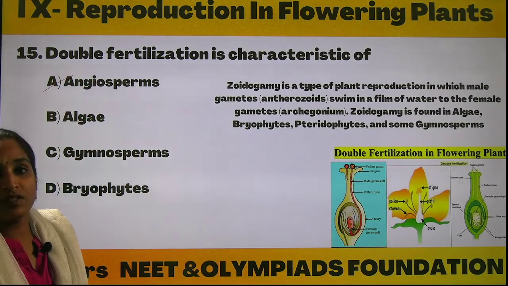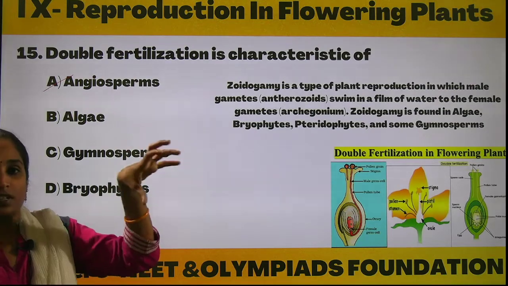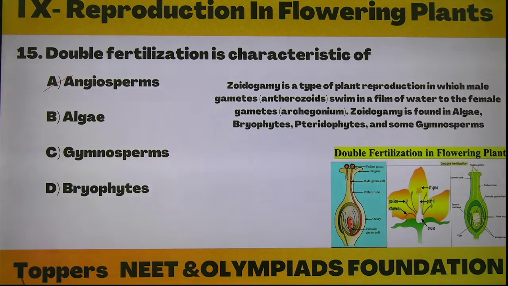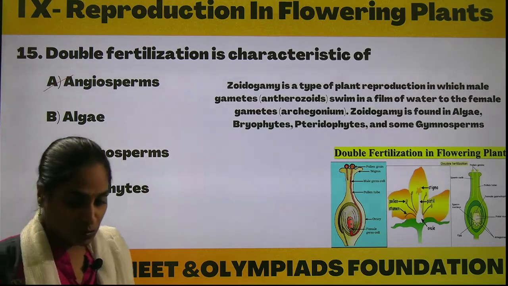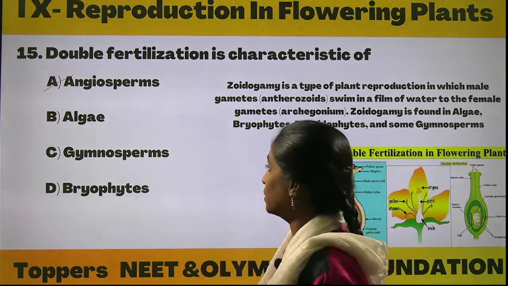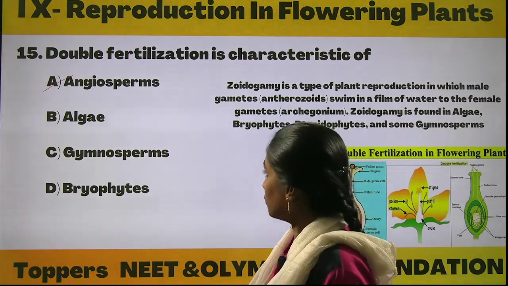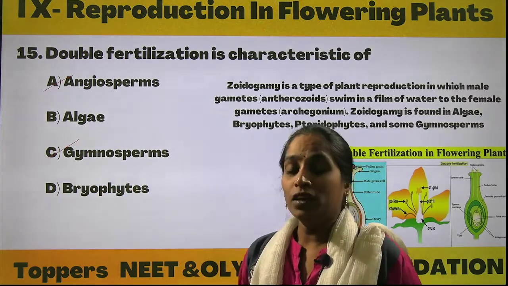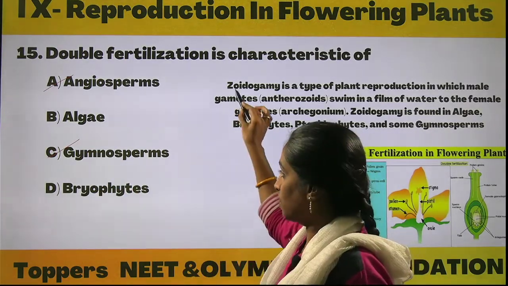So where can we observe algae? Algae can be found on the surface of water bodies. And coming to the gymnosperms, what are the gymnosperms? In gymnosperms we can observe a type of fertilization called porogamy. Porogamy is a type of tube entry.